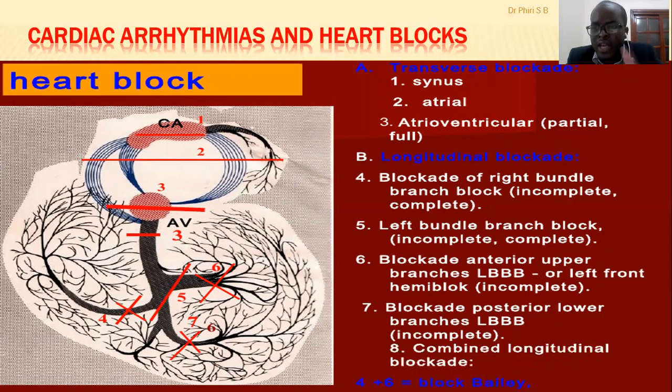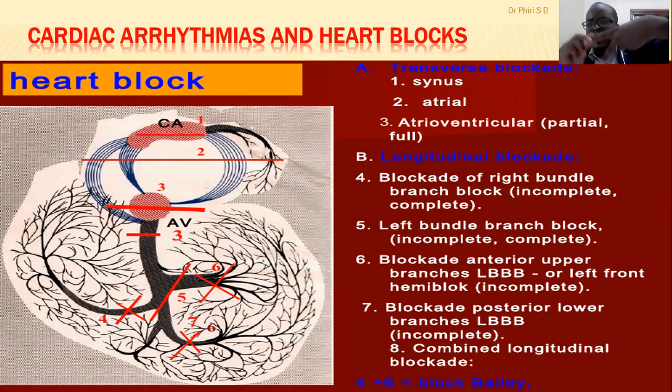So you have right and left bundle branches of His. Then on top of that, you need to understand that the left bundle branch of His is also going to divide into 2. So you have the anterior and the posterior bundle branch of His.